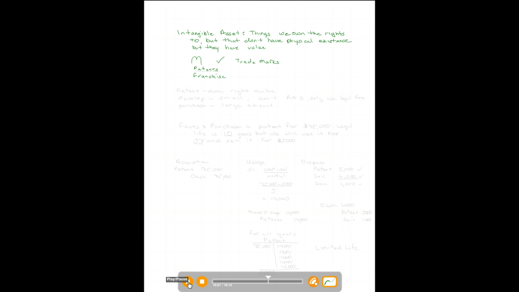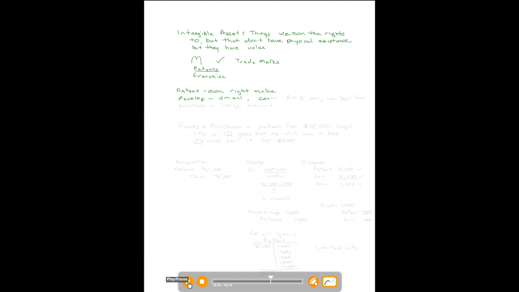In our example, I want to look at a patent. A patent is something you own the right to make, and no one else can use it. And then you can sell it for a profit. If you develop a patent internally, the amount that's going to be in your patent account is probably small.